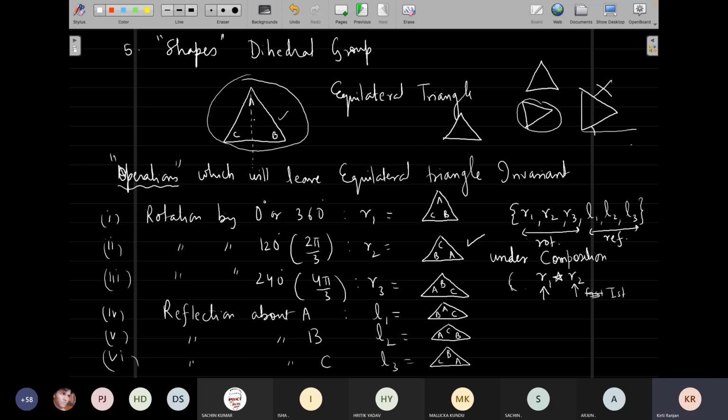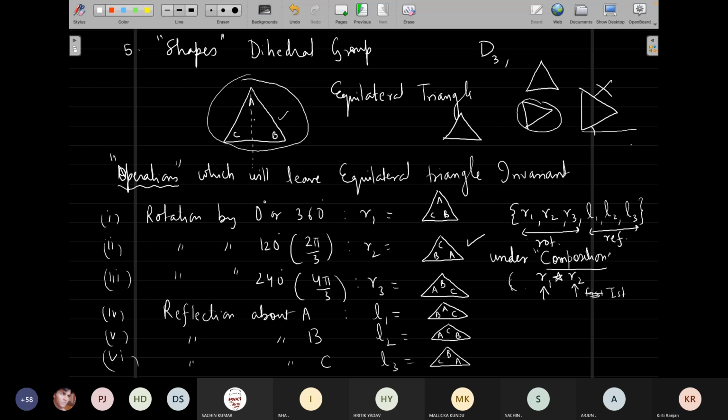So this set of operations which leave the equilateral triangle invariant, under this composition rule, please remember that this is very important, the set of elements and the composition rule together form a group. This is what we call the dihedral group.